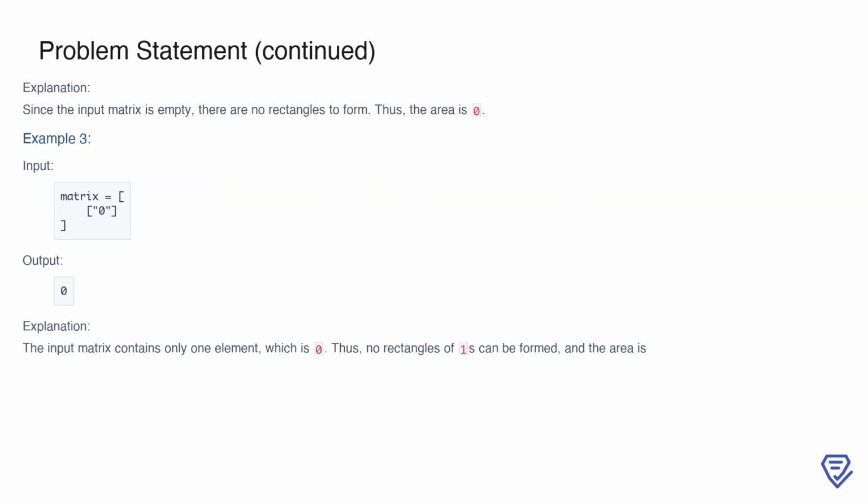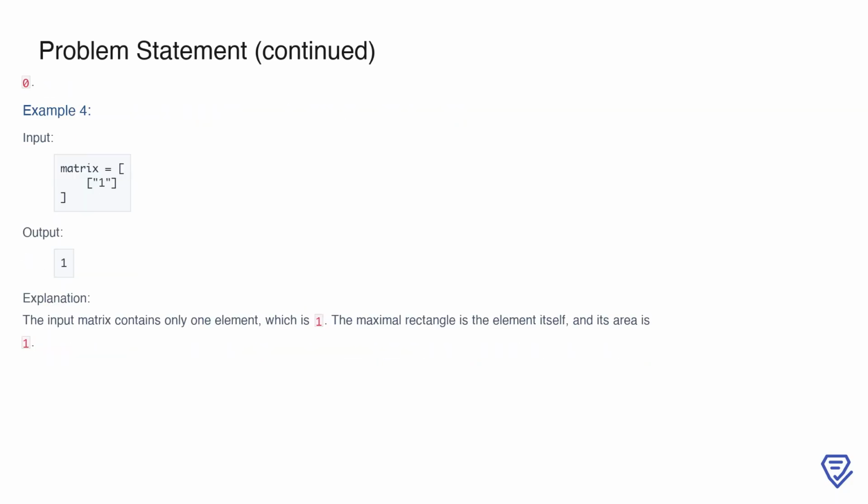In another example, consider a matrix with just one element, which is 0. In this case, there's no possibility of forming any rectangle of 1s, so the area is also 0. However, if the matrix contains a single element that is 1, then the rectangle is just that one element itself, and its area is 1. These cases demonstrate how the input size and values directly influence the outcome.